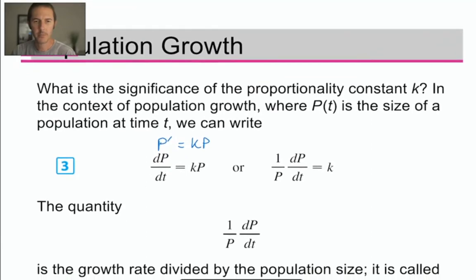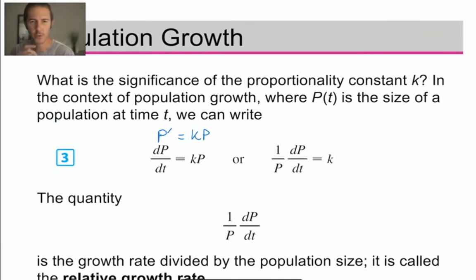And I've written a couple of additional sort of initial notes into these notes. So what's the significance of the proportionality constant k? In the context of population growth, where p of t is the size of a population at time t, we can write, and so the notation has changed a little bit here, but I want you to remember it's the same as this notation, so make sure that those are equivalent in your mind.